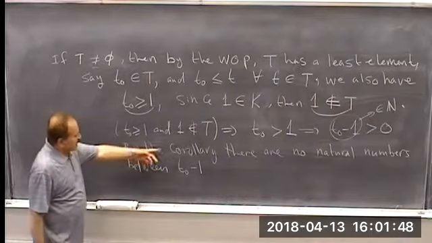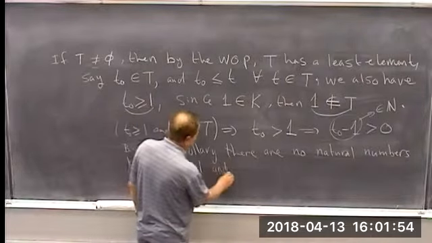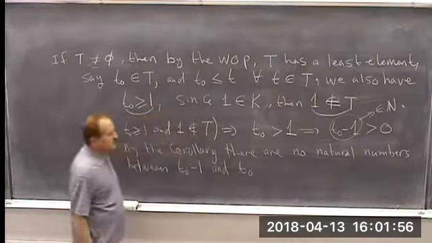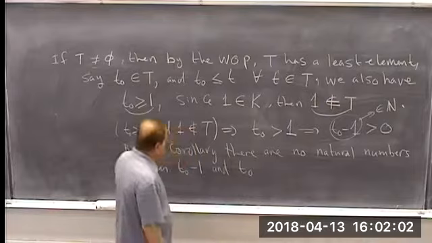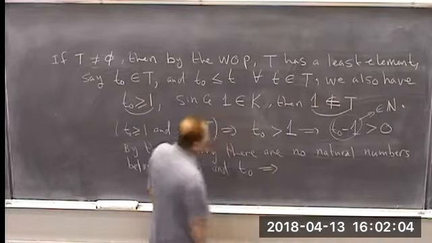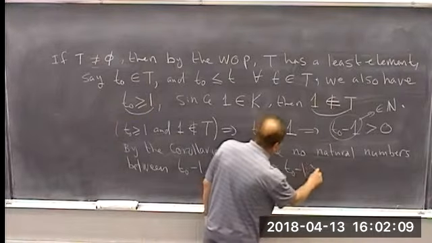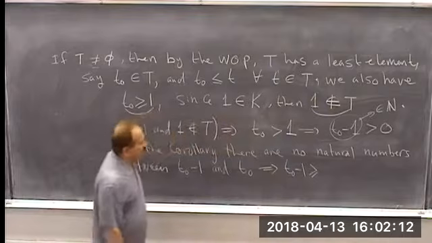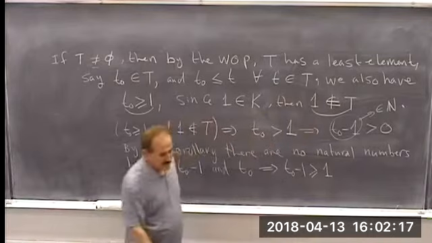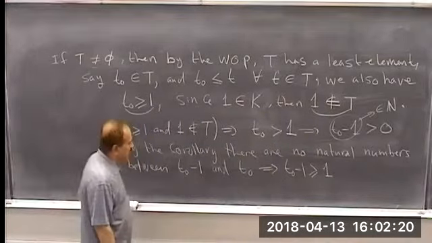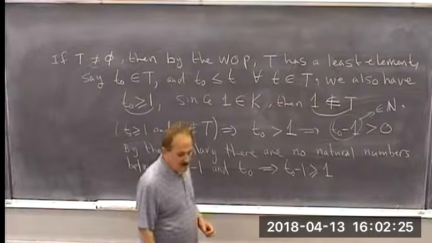The corollary says there is no natural number between this and the next natural number, which is T sub 0. So this would imply that T sub 0 minus 1 must be bigger than or equal to 1, a natural number.